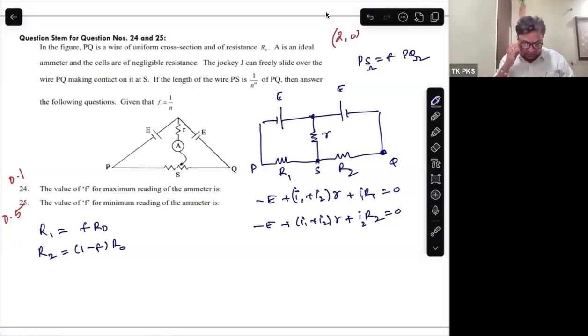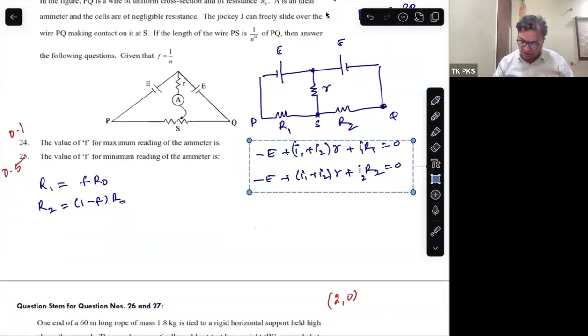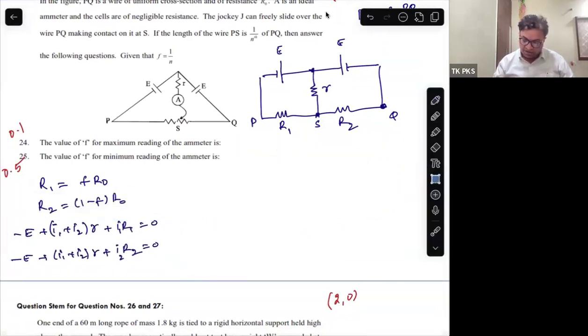By the fraction law, R1 plus R2 gives you R0. Now take the first loop, the same loop. If I substitute this data, we will call I1 plus I2 as I. So minus E plus IR plus I1 times R1, which is F R0, is equal to 0.